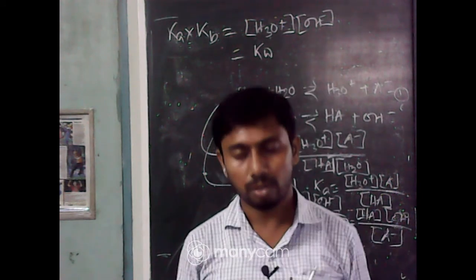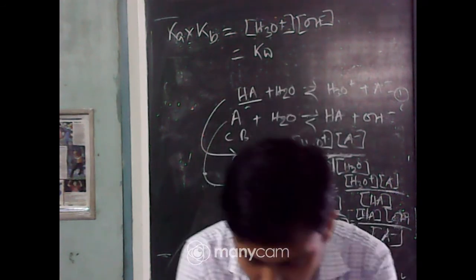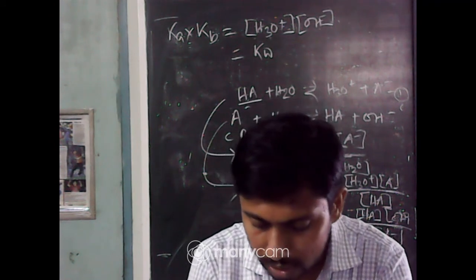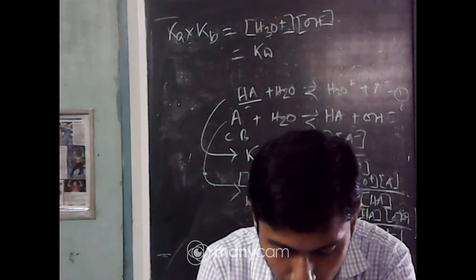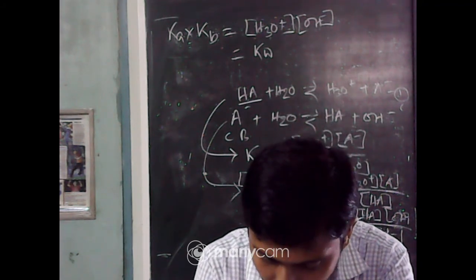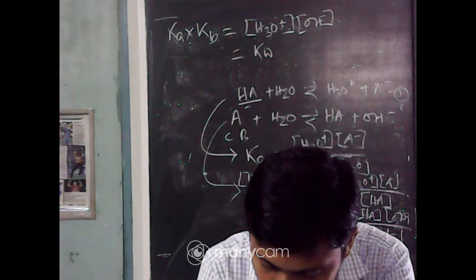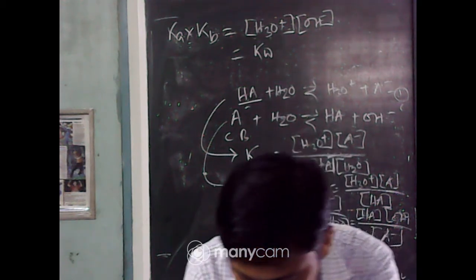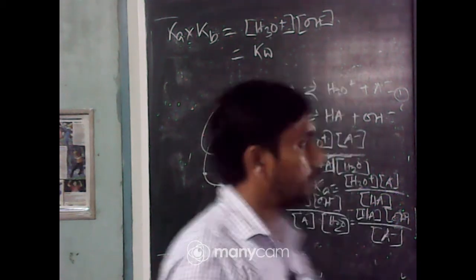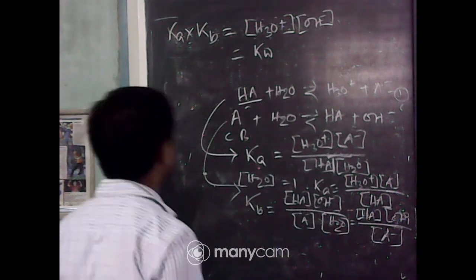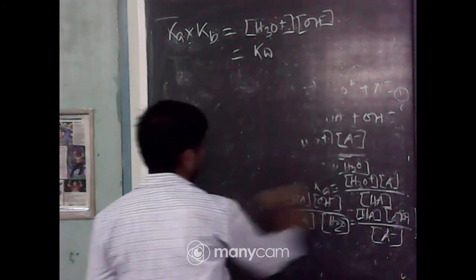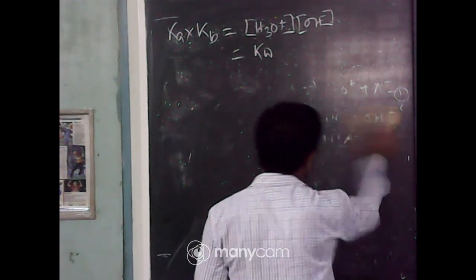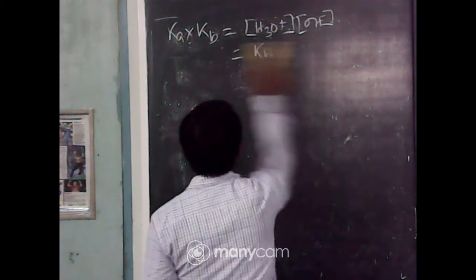Find the pH of a solution of 0.01 molar acetic acid which is only 20% ionized. Find the pH of a solution of acetic acid having the molar concentration 0.01 M and which is 20% ionized.